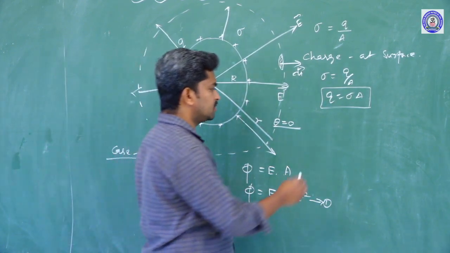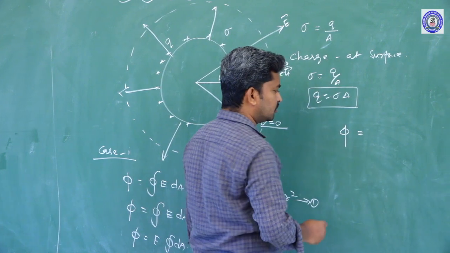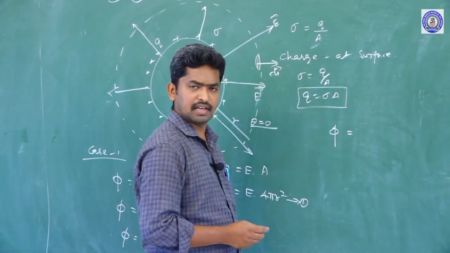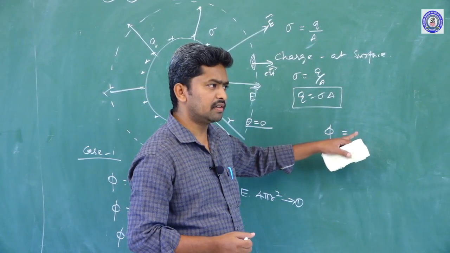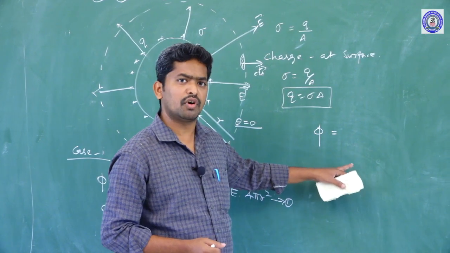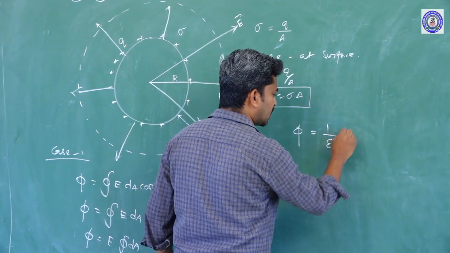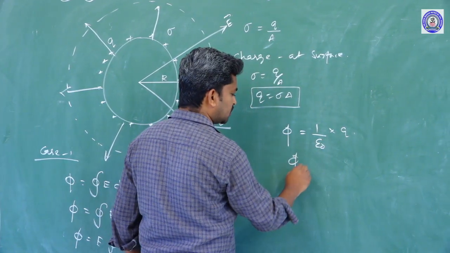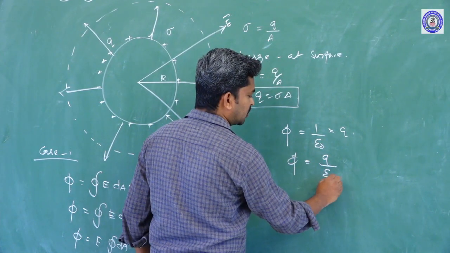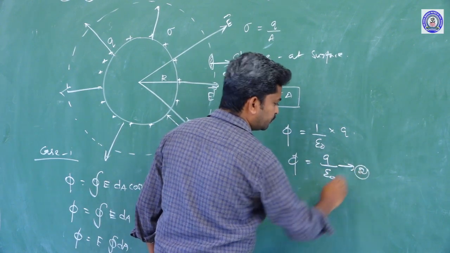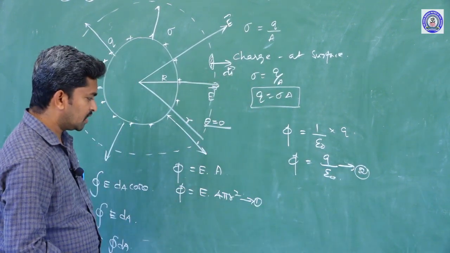According to Gauss law, phi is equal to 1 divided by epsilon naught times the net charge in the closed surface. So phi is equal to q divided by epsilon naught. This is equation number 2. Compare equations 1 and 2.